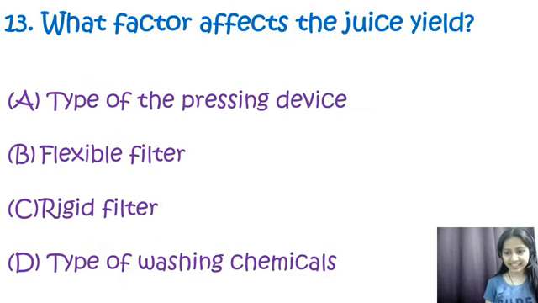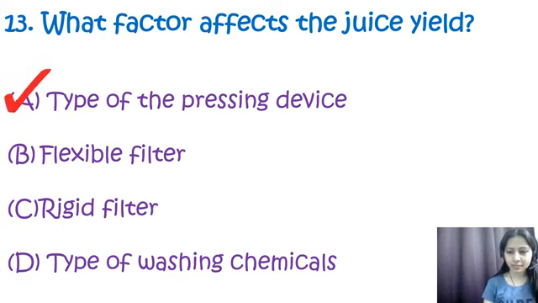Question number 13. What factor affects the juice yield? Options are type of pressing device, flexible filter, rigid filter, and type of washing chemicals. So over here the most appropriate answer is A, that is the type of pressing device.